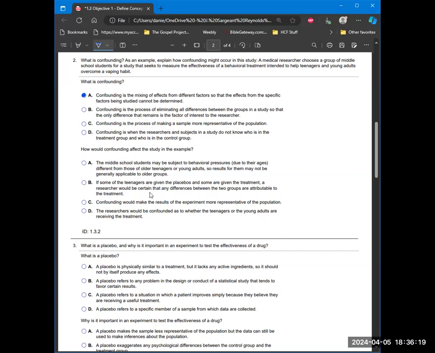The middle school students may be subject to behavioral pressures due to their ages, different from those of older teenagers or young adults. So results from them may not be generally applicable to older groups. So that would be A.